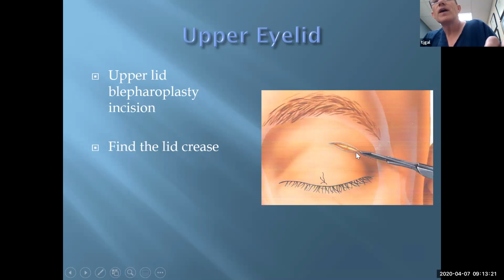But then you can camouflage it here. This is basically you're cutting right down on the fracture, and it heals very well. They can camouflage it with makeup if they need to, or they just don't care. But it's another alternative, so you have less scar on the face.